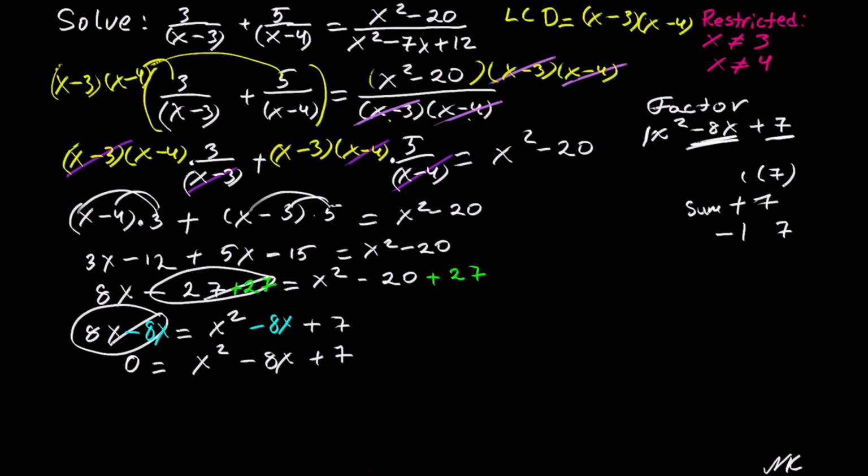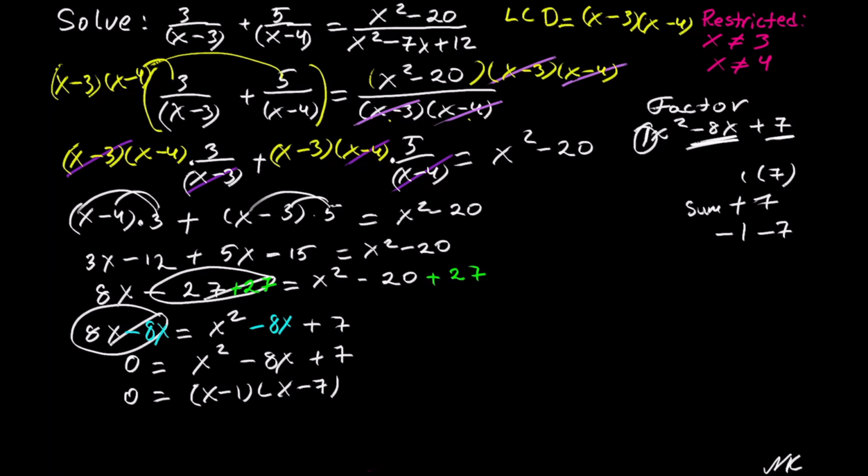Negative 1 minus 7 will give us a sum of negative 8. Negative 1 times negative 7 will give us a product of positive 7. And since the leading coefficient is 1, we can use a shortcut and jump straight into 0 is equal to x minus 1 times x minus 7.